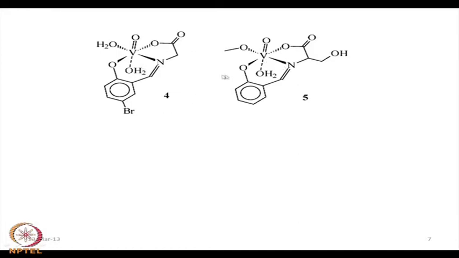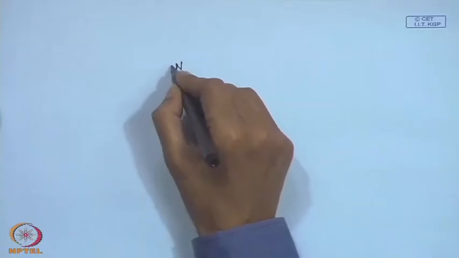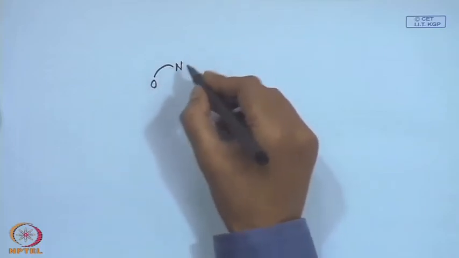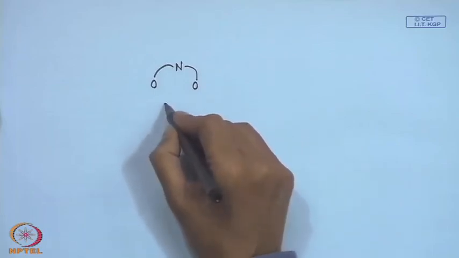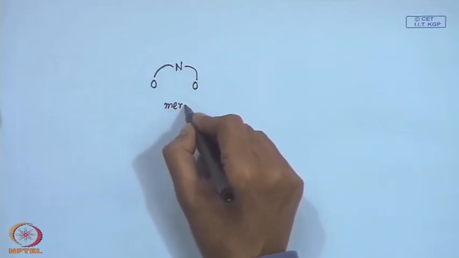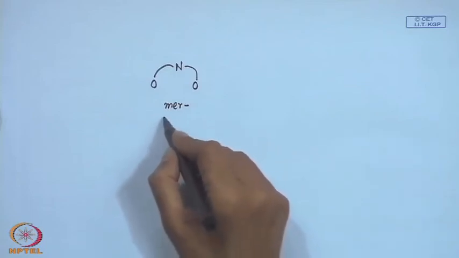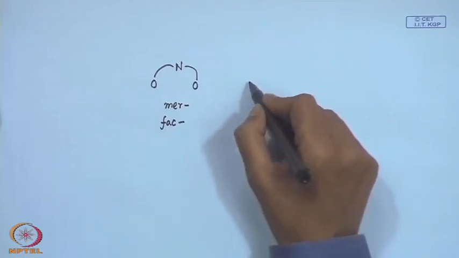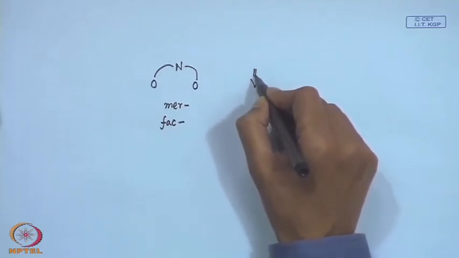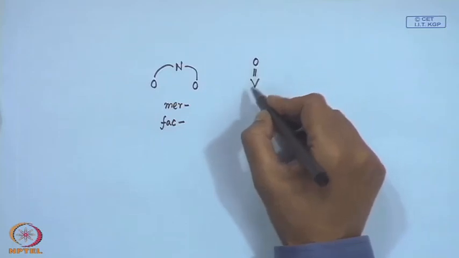So, these two molecules can be synthesized and can also be structurally characterized for looking at the nature of this NO2 ligand. So, we have this NO and O ligand. So, whether this particular ligand is binding in the meridional fashion or facial fashion is very important, because we can have the vanadium site when we fix it as the vanadium oxo bond.